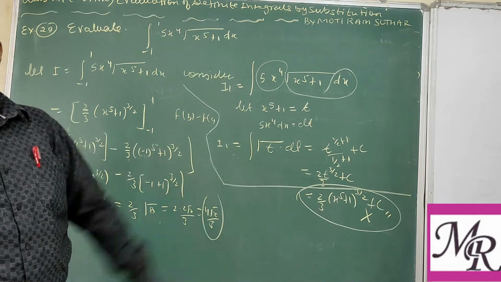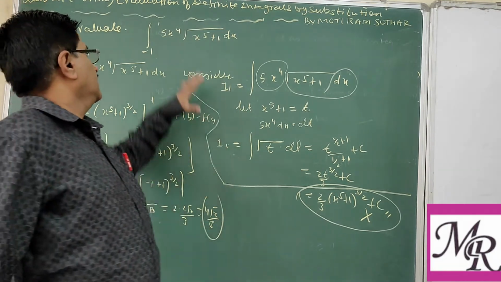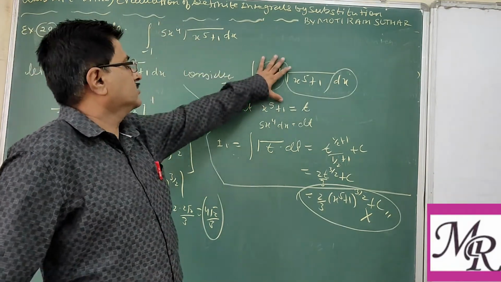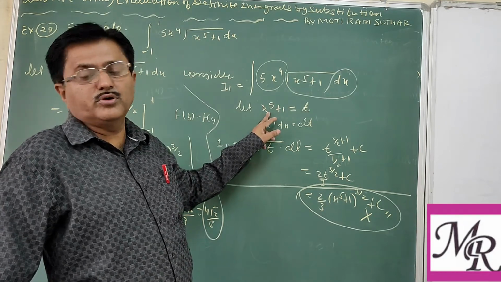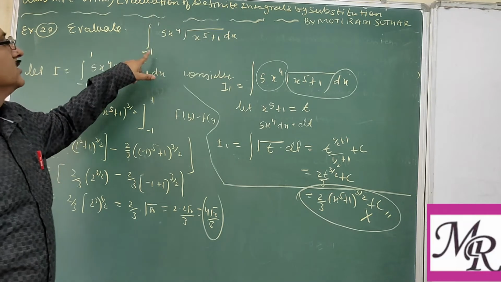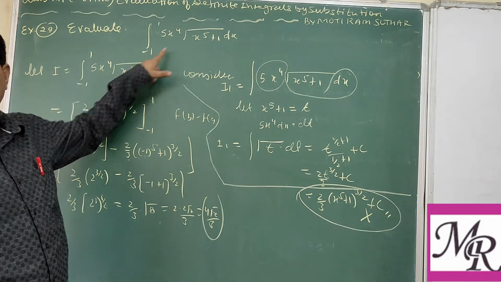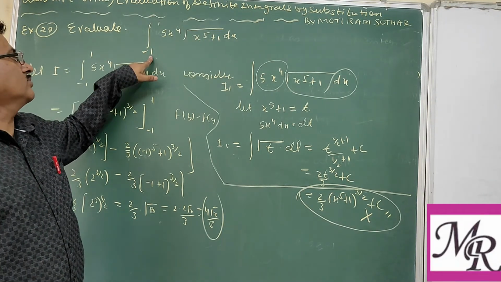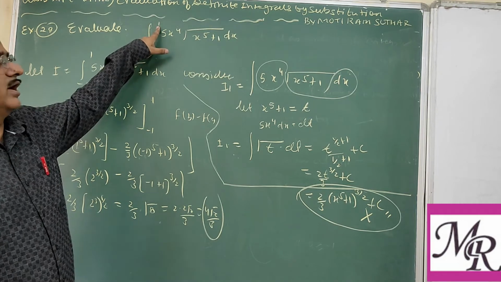Now we are taking the second part. Suppose you follow the same process up to this one, and here when you put t equal to x power 5 plus 1, we need the corresponding limits. These are the limits for the given variable x: x equal to minus 1 to x equal to 1.